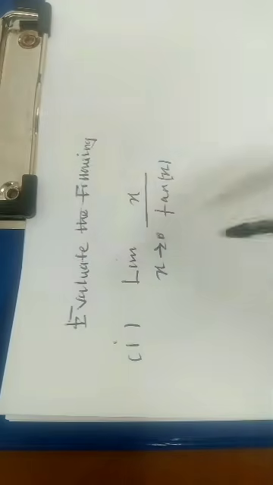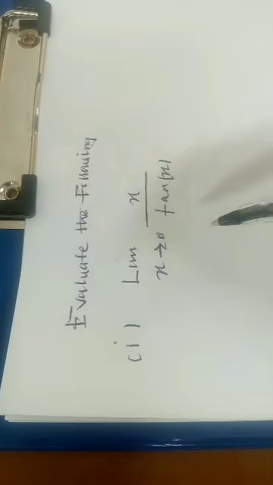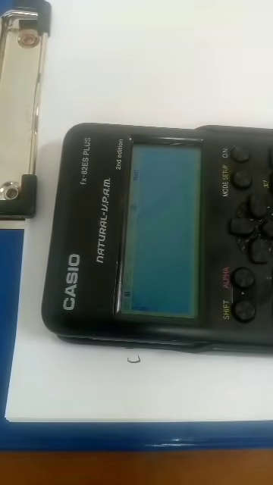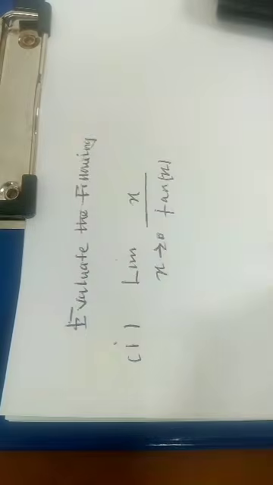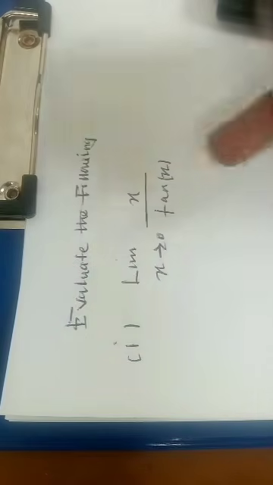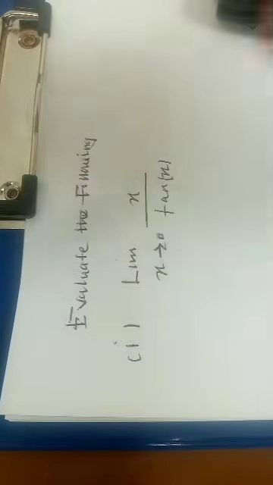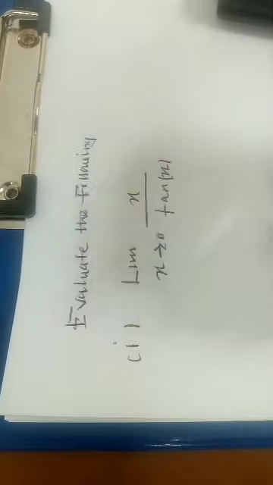Definitely this will become 0 over 0, because tan of 0 is also 0. What I'm trying to say is, if you say tangent of 0, it will give you 0. So in this case you're going to have 0 over 0, which is not allowed under L'Hospital's law.